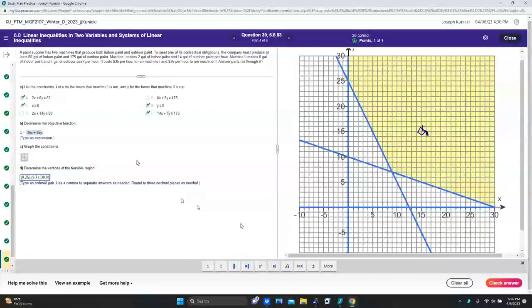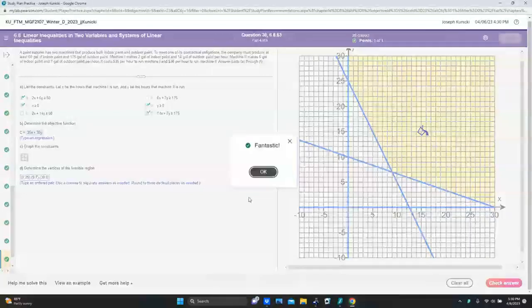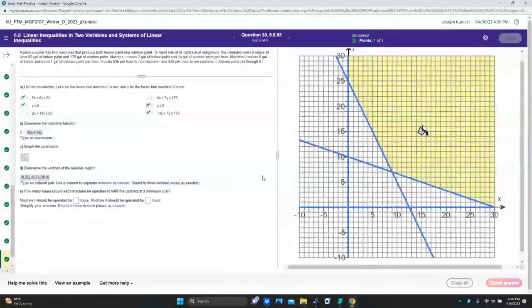Let's see if that gives you the lowest cost. I'm pretty sure it does. Let's see if that's true. First of all, we got to check the feasible region. Okay, so we got the right answers. And it says, how many hours should each machine be operated to fulfill the contract at minimum cost? So it is a minimum.